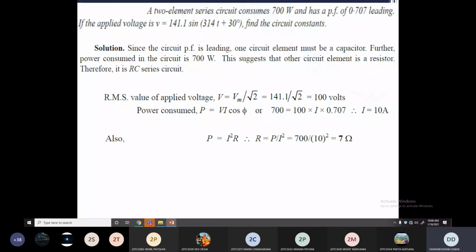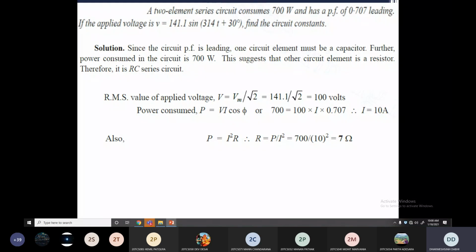Now find out the value of C, the capacitance. You know R. You know the values of V and I. So first find out the impedance Z. Z is equal to V by I. V you already found is 100 volt. I you already calculated as 10 ampere.